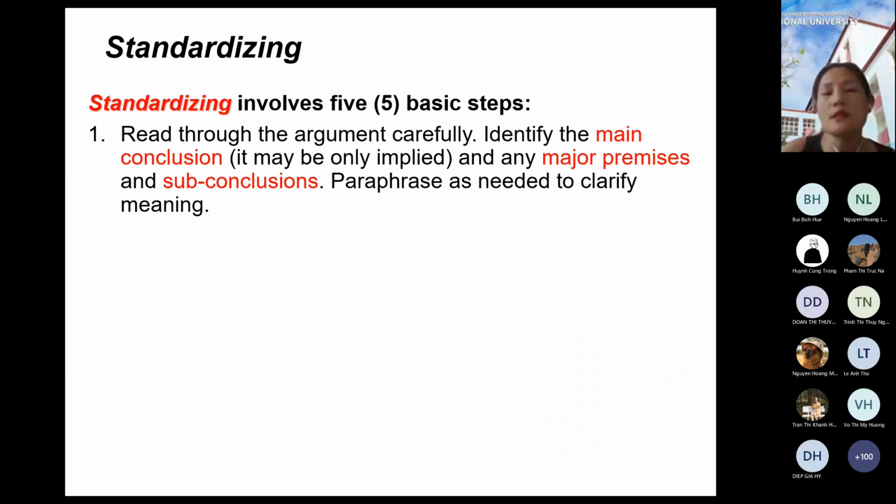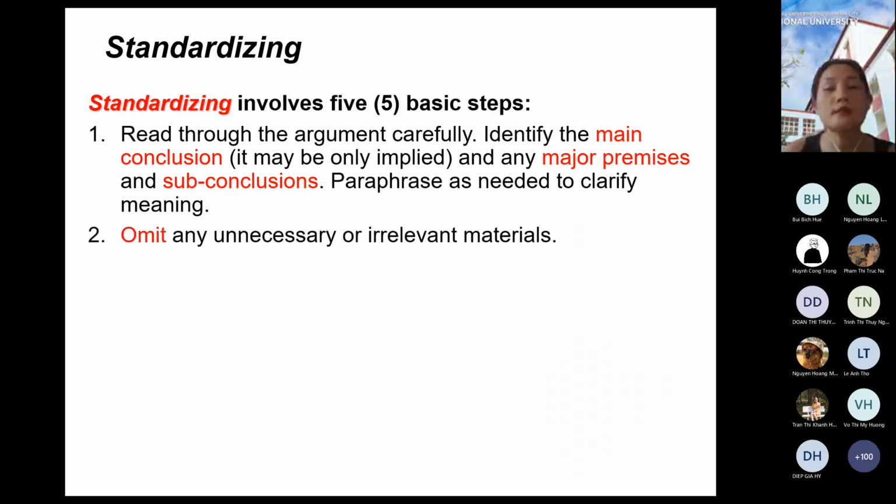So standardizing involves 5 steps, as you can see, and it is very much the same as diagramming. In the first step, when you receive an argument, for sure you have to read through it carefully. Okay, and when you read through like that, you will try to identify the main conclusion, the sub-conclusion, or the premises. It means that when you read through, you identify the role of each statement.